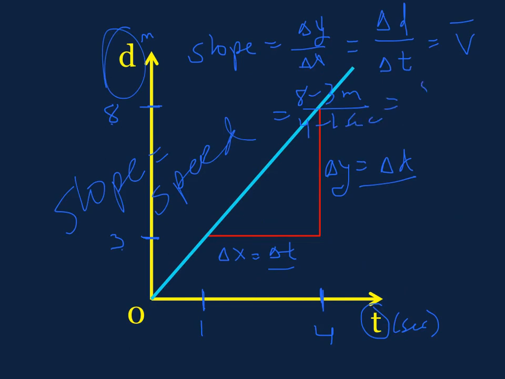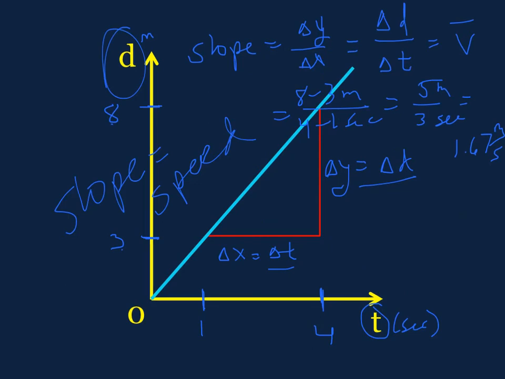So that gives me 5 over 3, 5 meters over 3 seconds, which is 1.67 meters per second. Get it? Isn't that cool? So I can actually find the slope from this graph.